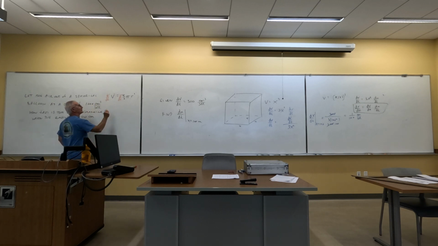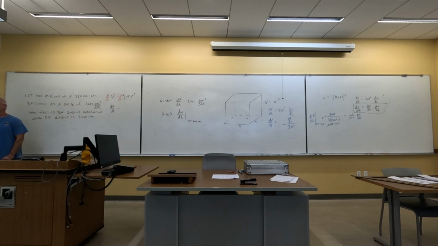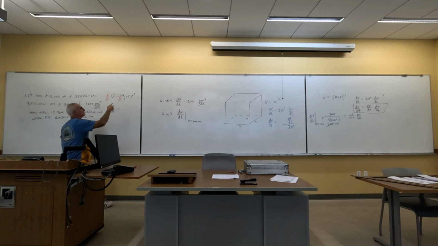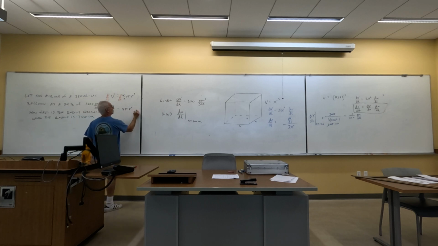Now when I do that, the left side clearly is just dv dt. So what's the right side? 4 pi r squared. And it's implied that's r of t, and now I need to differentiate that, and that gives me dr dt.